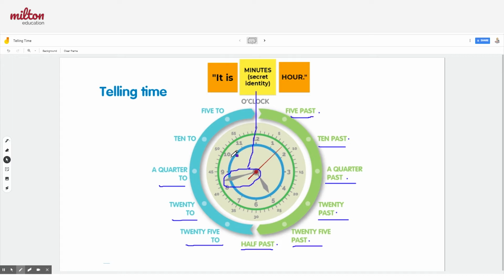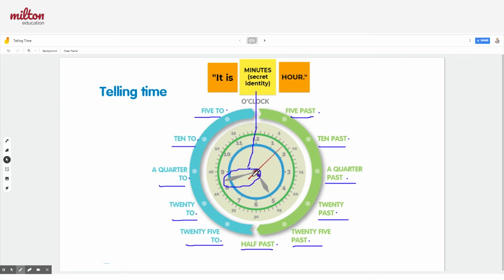The secret identity of a 10 is 10 to. And the secret identity of 11 is 5 to. So all of these secret identities have something in common as well. To, to, to, to, and to.